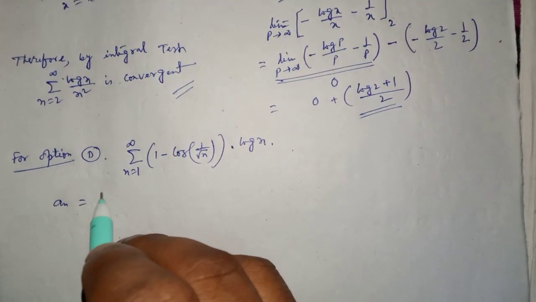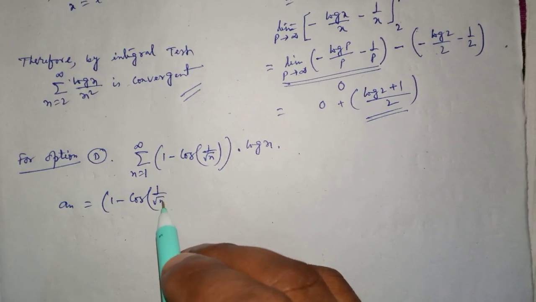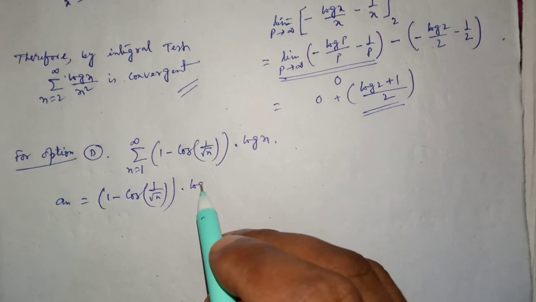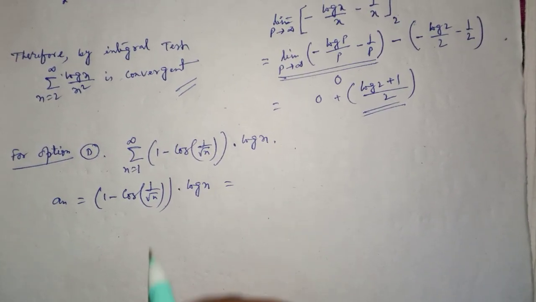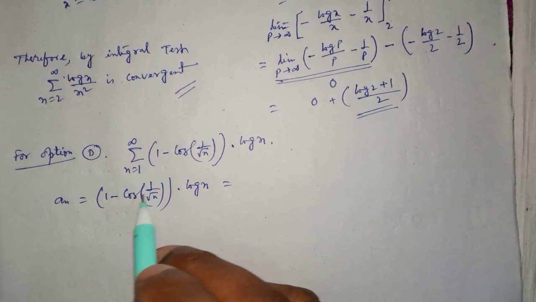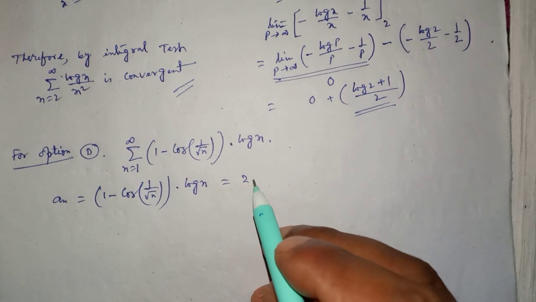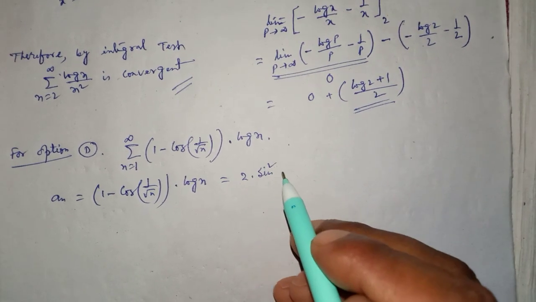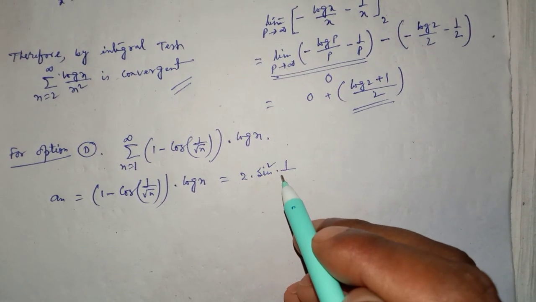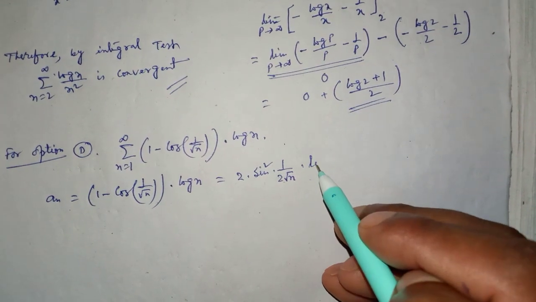Here an equal to 1 minus cos of 1 by root n into log n is equal to, by the same formula, 1 minus cos of 2 into 1 by 2 root n, so we get 2 sin square 1 by 2 root n into log n.